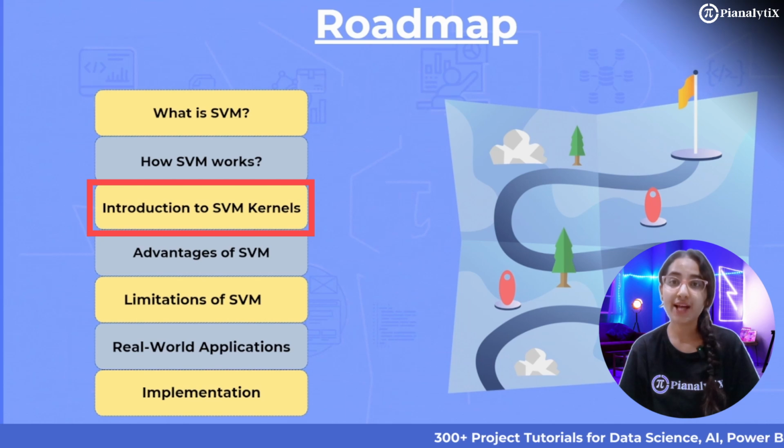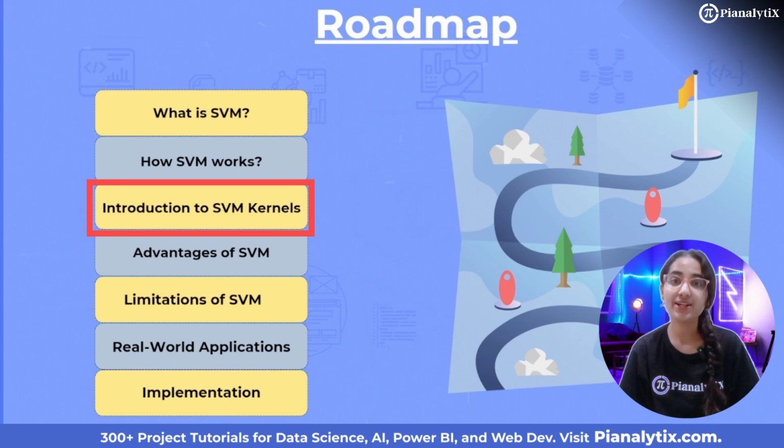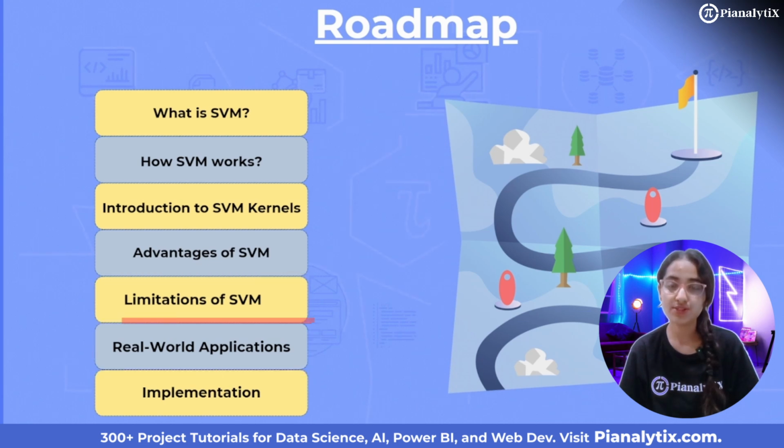Third, we will then dive into different kernels like linear, polynomial, RBF, and sigmoid and discuss when to use each of them. Fourth, advantages and then limitations of SVM, then real world applications, and finally, we will go through a simple implementation in Python.